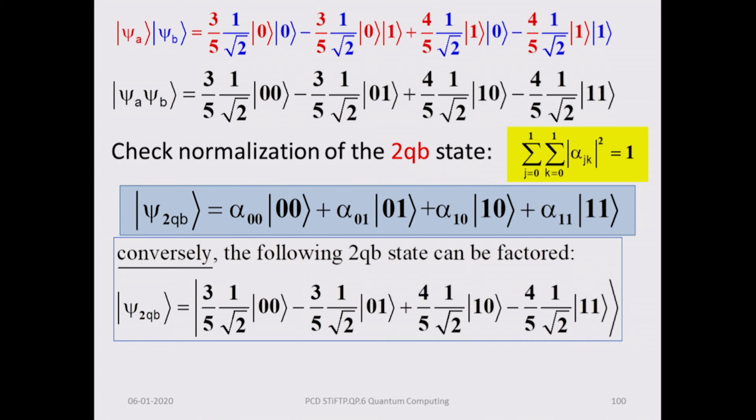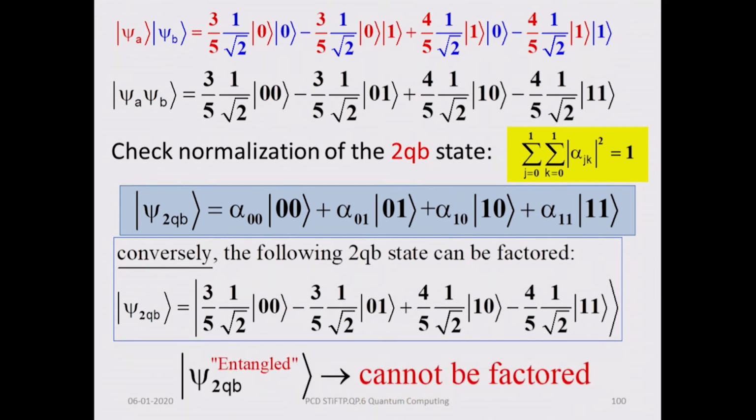Conversely, if you were to start with this, you would expect that this is a state which you can factor. That it is factorizable is no wonder, because we started with two separate single qubits. And now I am going to take advantage of the fact that we now start with a two qubit state which we know is factorizable. Okay?